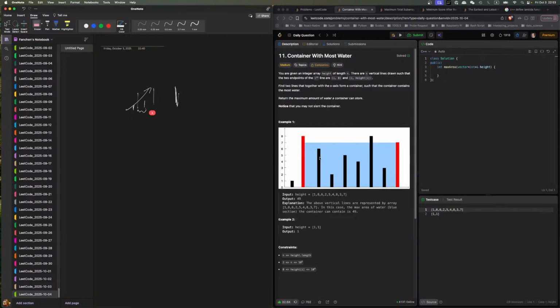This is smaller, so it will be this. Here is smaller, I'll go this. This is still smaller, then we go this. I have to go left and right, so I need to keep the large on the left and the large on the right.